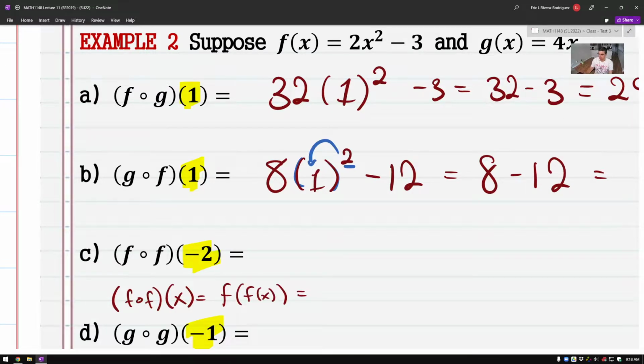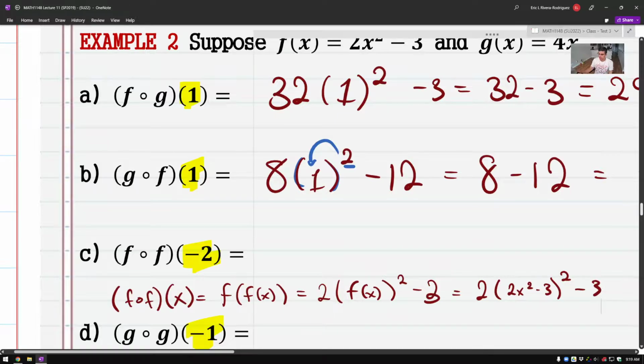I know that vocabulary gets confusing here, but that's okay. So f of x squared. This is not too complicated. What you want to do is to pay attention to each step. If you follow each step correctly, you are going to be okay.